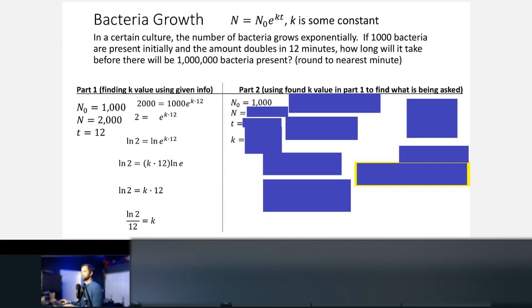Yeah, it still is. We know our K value already. Which one are we solving for, N or T, for part two? Yeah, we're solving for T. We don't know what that is. That's the question mark. So what is the ending amount after unknown time? 1,000,000. All right, so let's go ahead and plug that stuff into our formula.